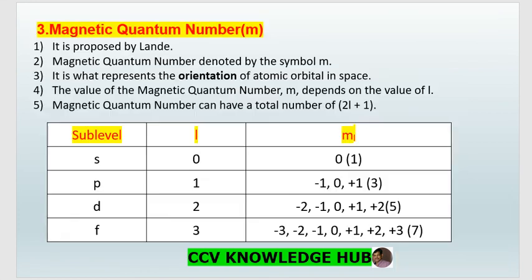Let's move to the magnetic quantum number. The magnetic quantum number was proposed by Landé, and it is denoted by small m, not capital M, always small m, please remember.